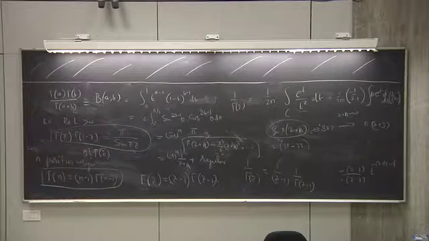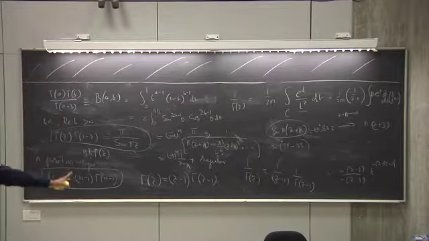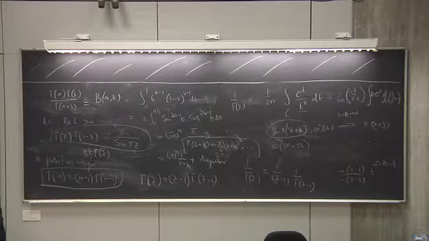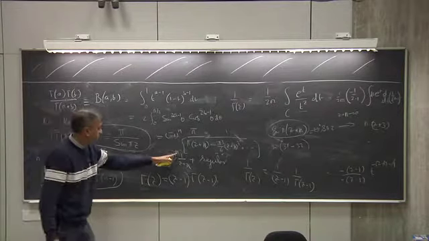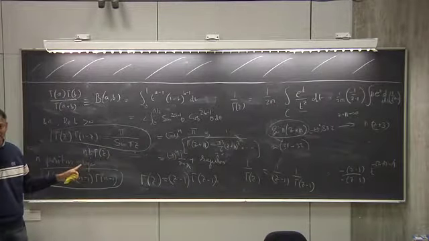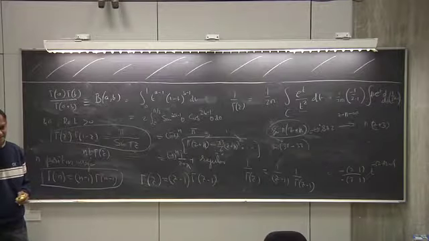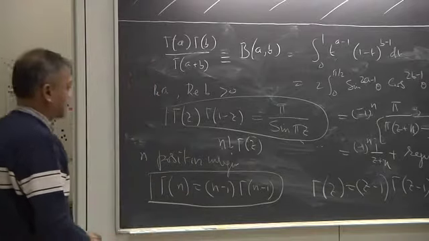If it was a higher order pole, you would need to go beyond the leading term to find the residue. But here we are lucky because it's a first order pole, so you just have to take the leading term. Therefore the residue is simply minus 1 to the n divided by factorial n, near z equal to minus n.